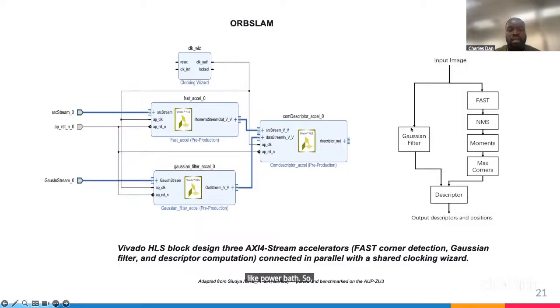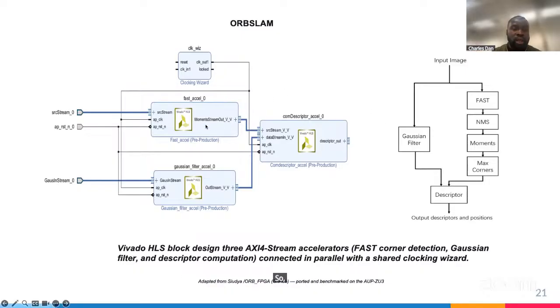One smoothens it, which is the Gaussian blur, and the other runs FAST just to find the corners, and then ranks them and computes them based on their orientation. Both paths meet here, which is the descriptor. So you just find the key features in a particular image.